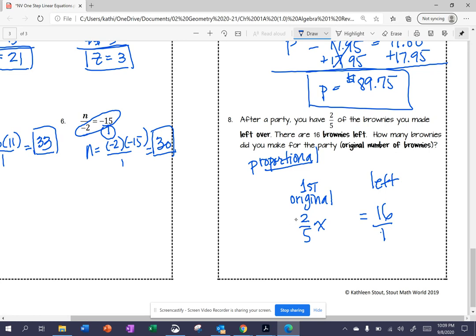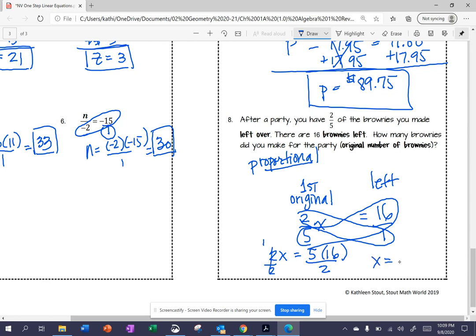So I am multiplying these two, and I'm multiplying these two. So I have 2x equals 5 times 16. And then I want to divide both sides by 2. So I get x equals 40 brownies.